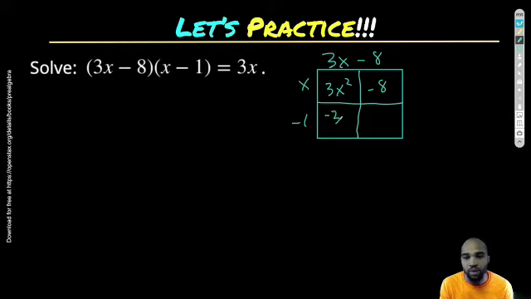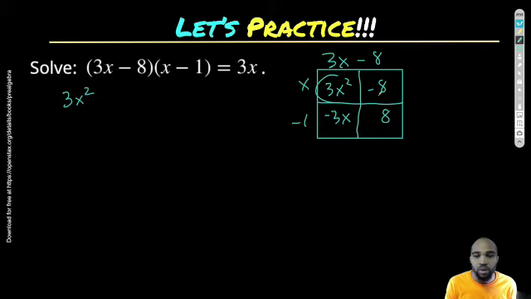So this gives me negative 3x and 8. So that means this is going to equal 3x squared from here. And I combine these terms right here to get negative 11x and plus 8 equals 3x. So all I did was multiply these two to get this.